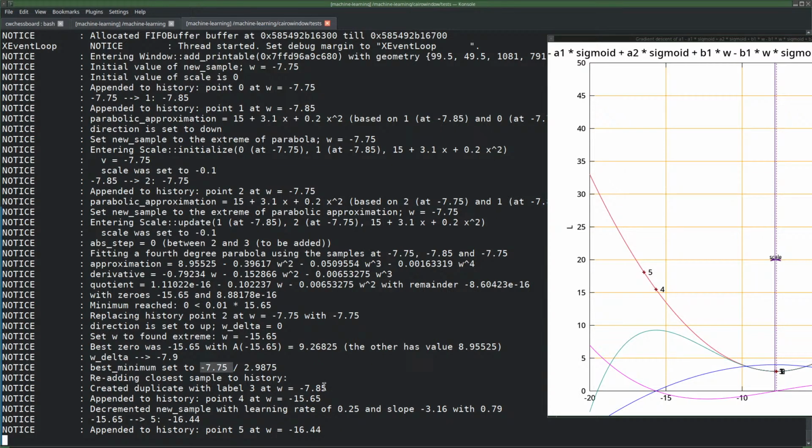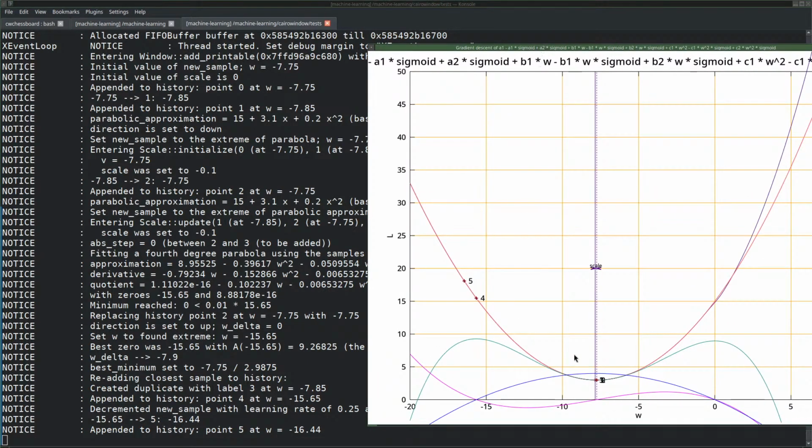Yeah, okay, now it's picking this one. I think I worried about it for nothing, so that part just works.